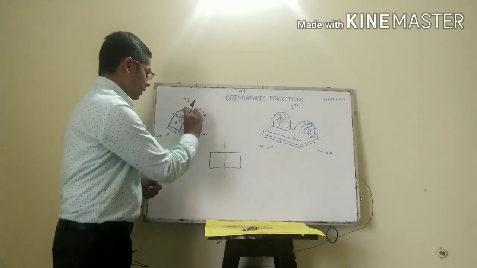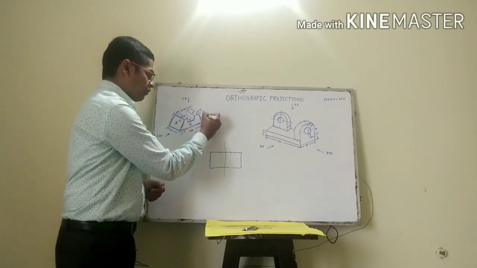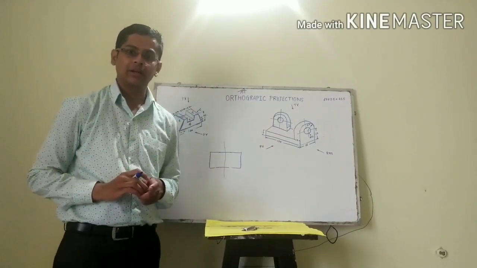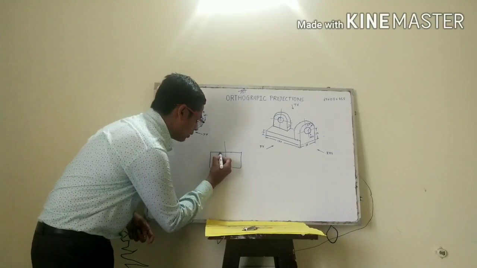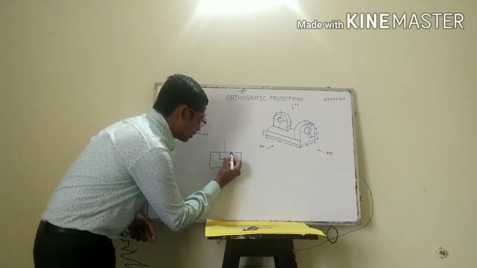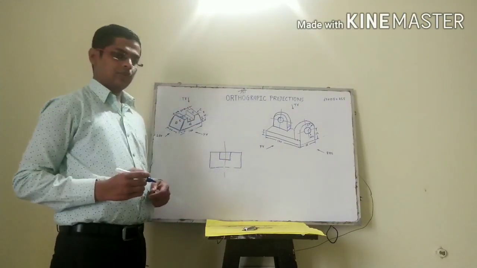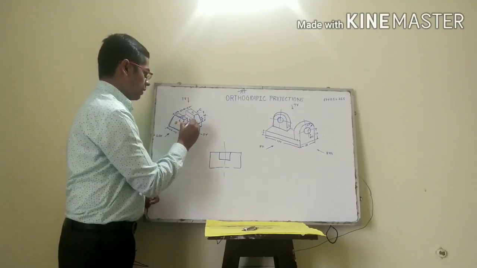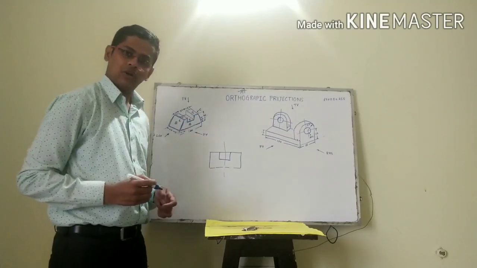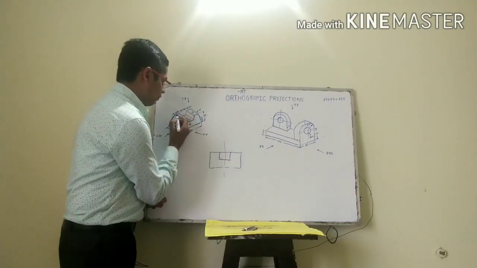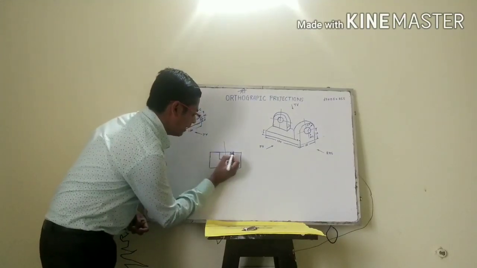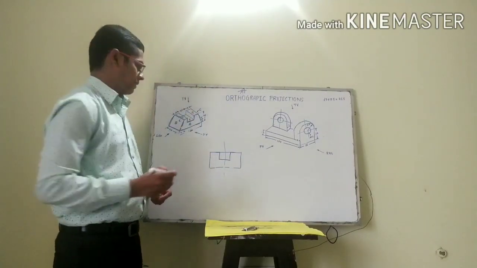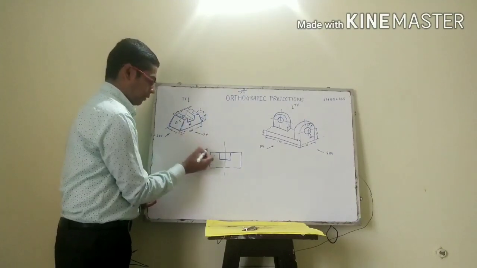What is the depth of this? That is 45 minus 20, so 25 downwards, which is nothing but this depth. Then this is 15, so again 15 from this side and 15 from that side. So we are at this point.